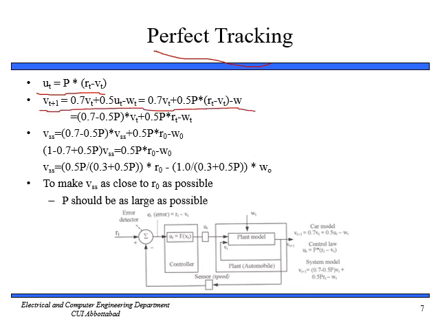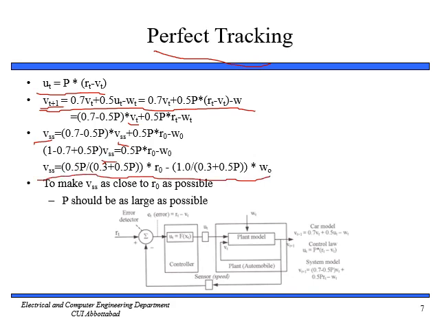So this is our system model. For the steady state condition, we want V of t and V of t plus 1 to both be VSS, so both of these are equal. In steady state, our current speed will be equal to our next speed. If you solve for VSS, we get this expression.